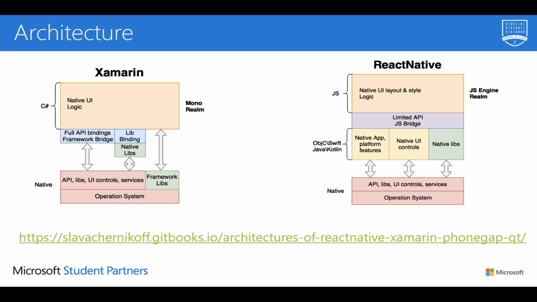So back to React Native. React Native is based on the Realm engine, and you have your layout and style, and your logic based on JavaScript. Then you have really limited API access, and using the JavaScript bridge, you get to Objective-C or Swift or Java or Kotlin, some features, some controls and libraries.